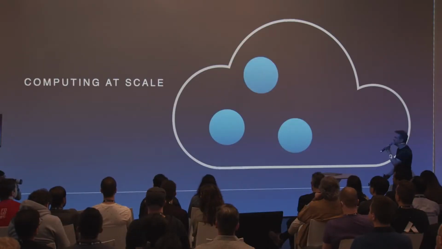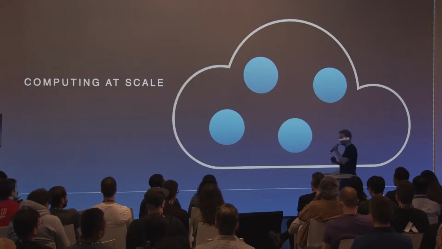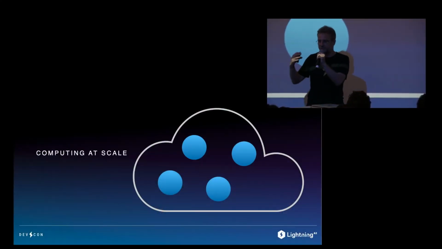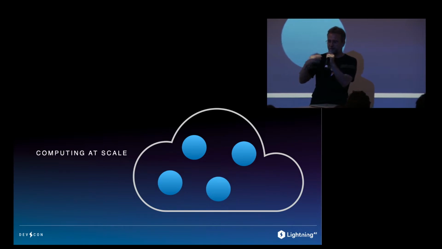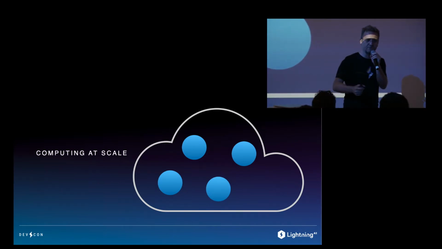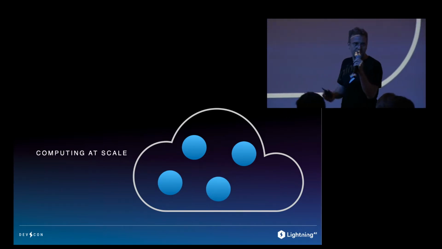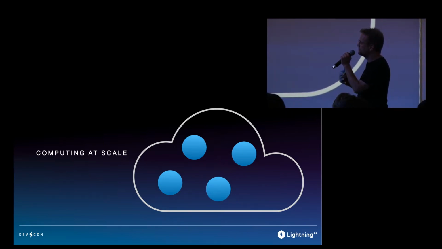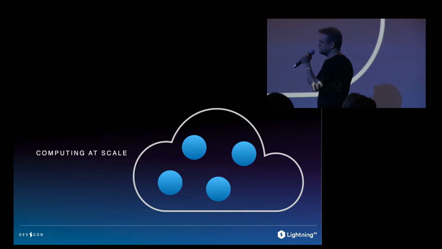So when we started thinking about how to empower Lightning users to do more than training, to tackle distributed computing or building full ML systems, we wanted to overcome a few challenges. Computing at scale.